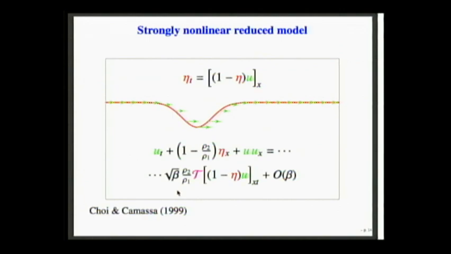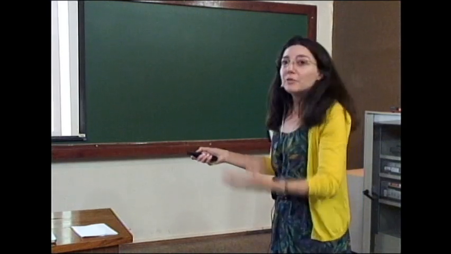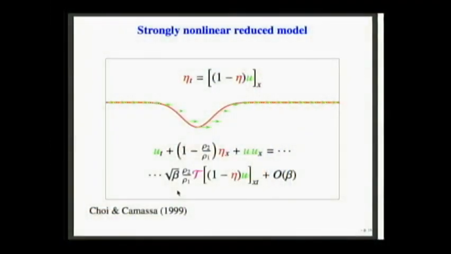This is just a travel term. We can eliminate that if the reference frame is changed. And here is the dispersive term, dispersive because it brings dispersion to the model in the same way the Boussinesq model brings dispersion, but instead of a third order derivative, we have the composition with the Hilbert transform. So that's the basic idea that guides us.